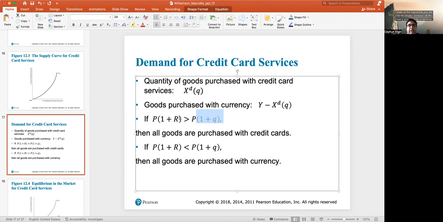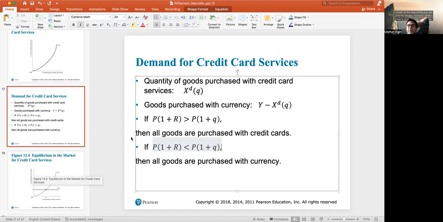So if R, the interest rate that you earn from your bank account, is larger than the price of using the credit card, then of course you will use the credit card because you will earn more interest that way. Or the opposite scenario, if the credit card is more costly, then of course you are going to use cash.